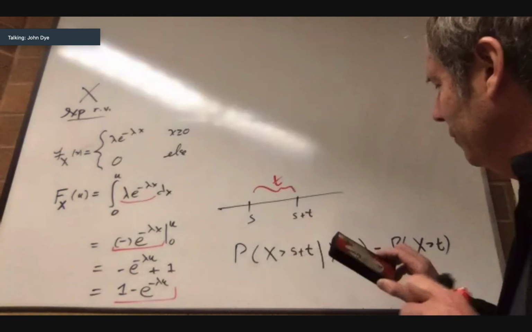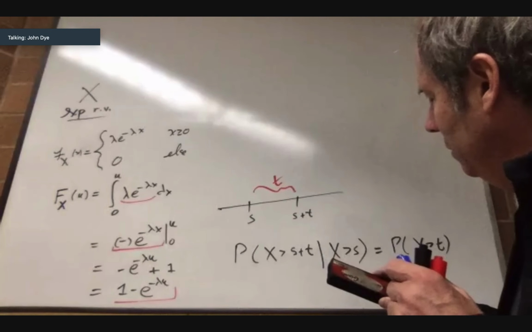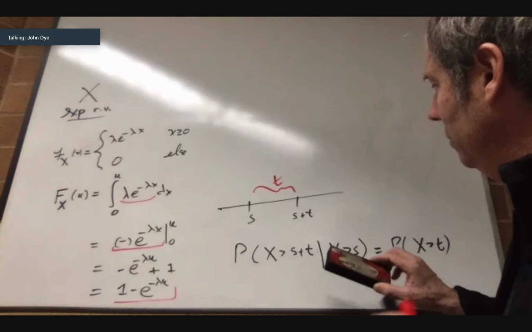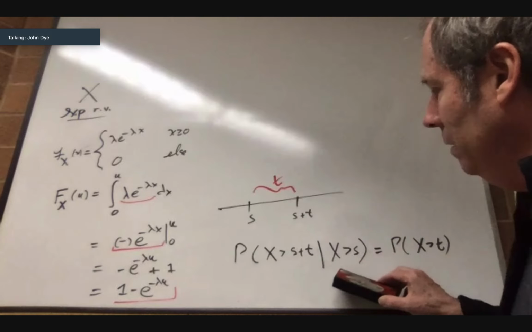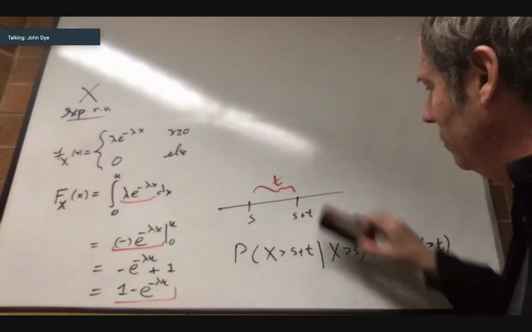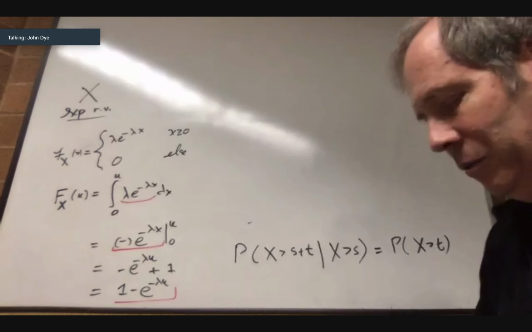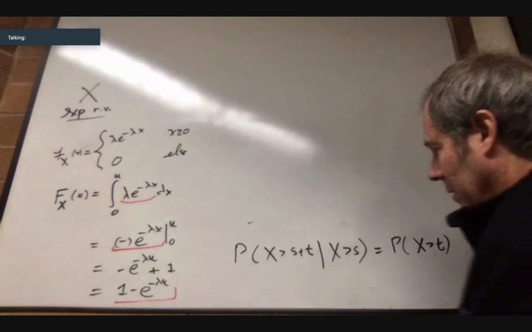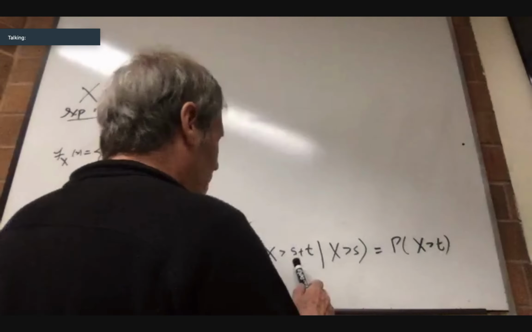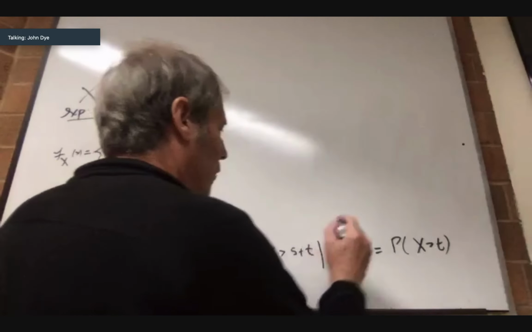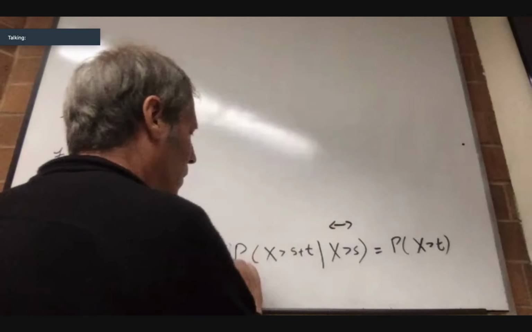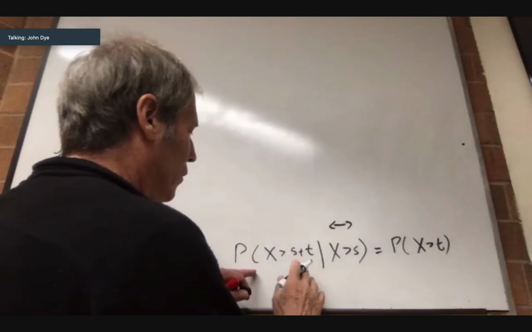Okay, getting back to what Abe was saying, let's see if indeed the exponential has this property. How do we rewrite this to help ourselves? So, if and only if what? What's the definition of conditional probability?